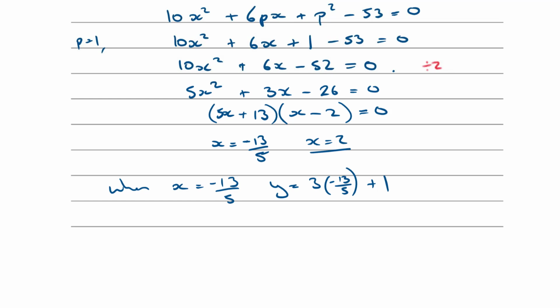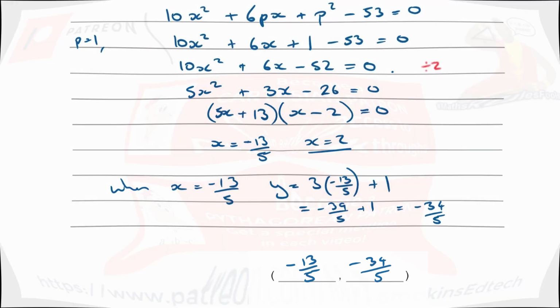So y equals minus 39 over 5 plus 1. So 1 is 5 fifths. Add that on to minus 39 fifths makes minus 34 fifths. So I'm thinking that our other coordinate is going to be minus 13 over 5 and minus 34 over 5. Not a particularly nice coordinate, but there you go.